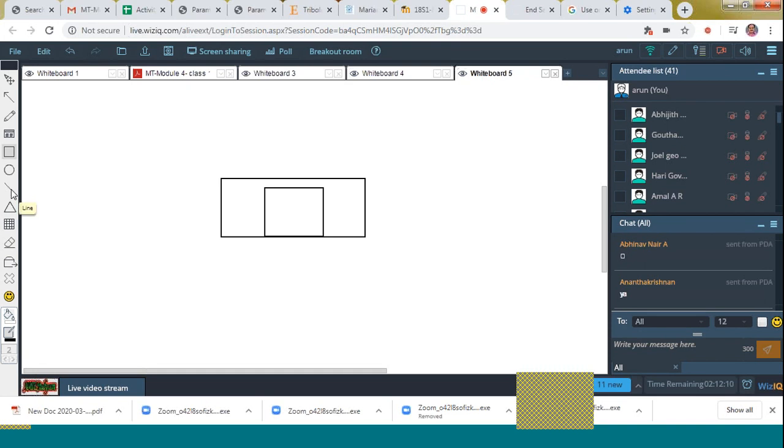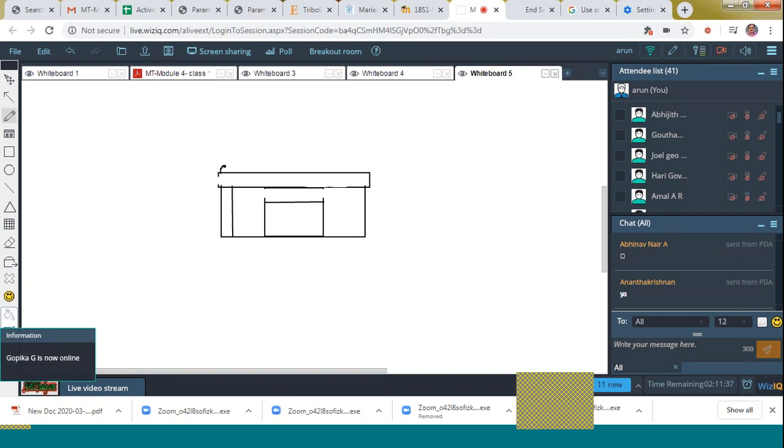It will be in such a way that, okay, here this is a head pin.